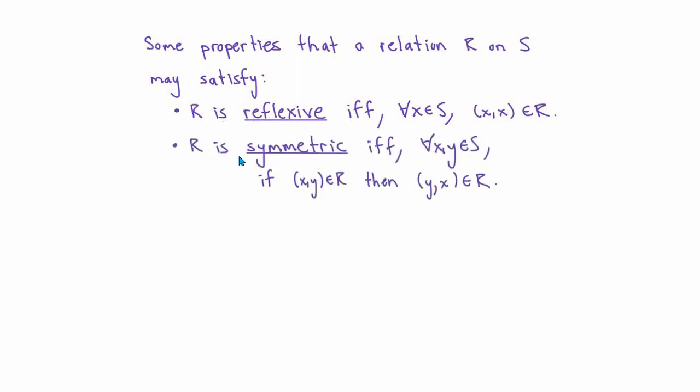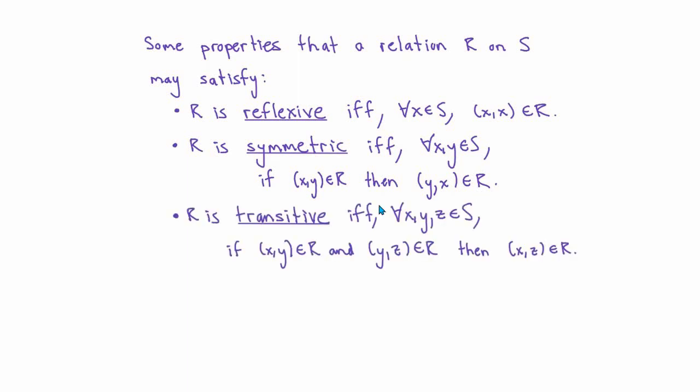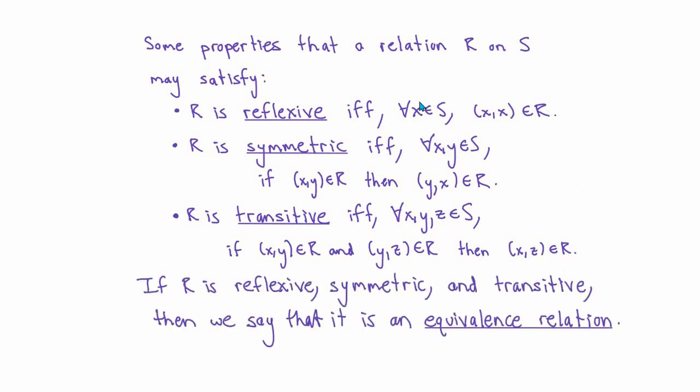We say that it's symmetric if whenever (x, y) is in the relation, we also have that (y, x) is in the relation. And we say that it's transitive if whenever (x, y) and (y, z) are both in the relation for 3 elements x, y, and z in S, then it follows that (x, z) is also in the relation. If all 3 of these properties are satisfied, then our relation R is what's called an equivalence relation.